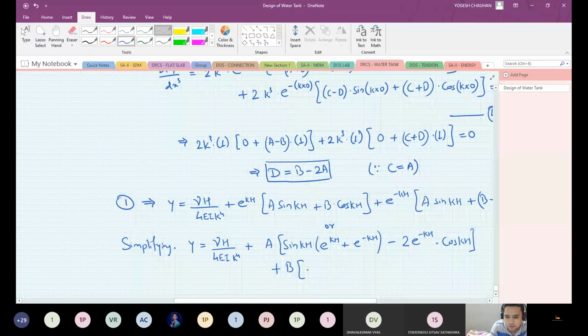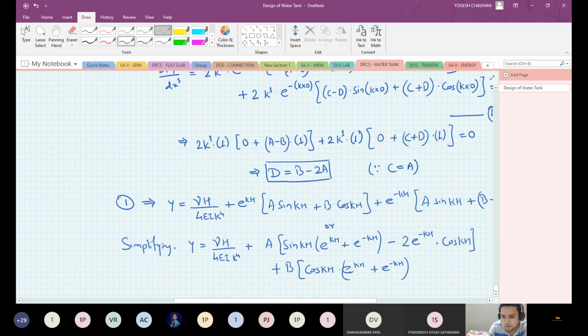So cos kh times e raised to the power kh plus e raised to the power minus kh. Okay, this is equal to 0.